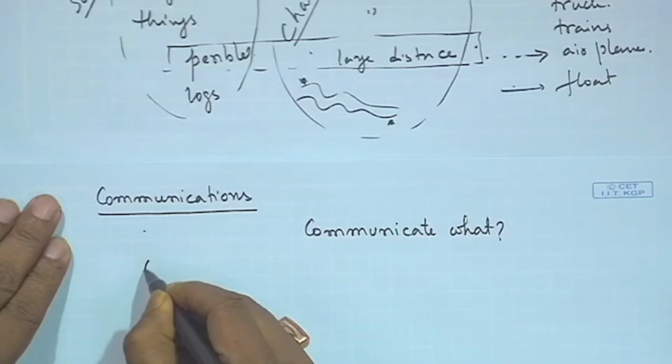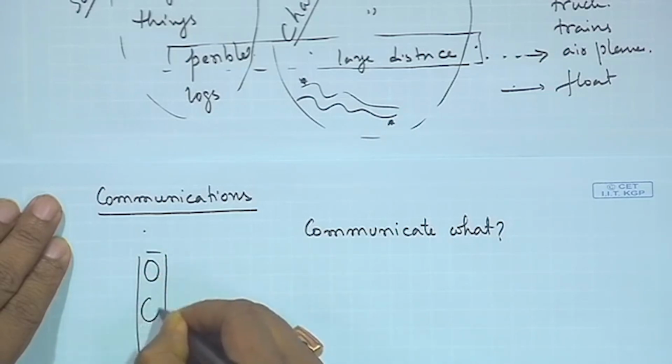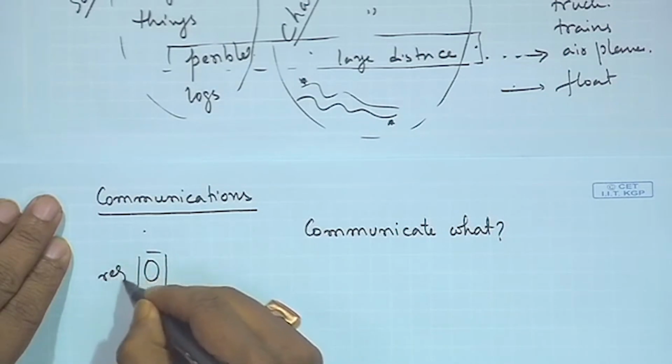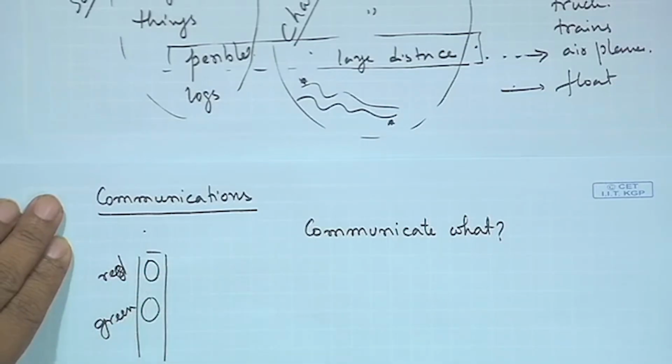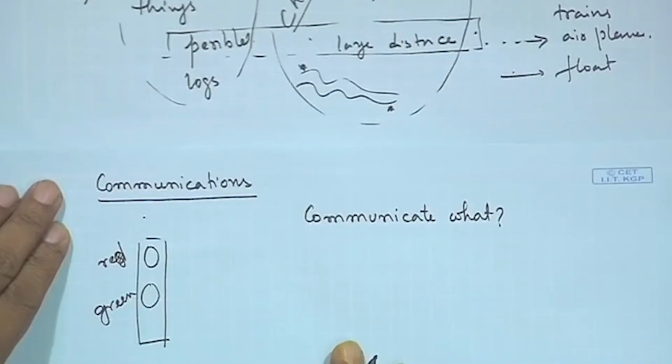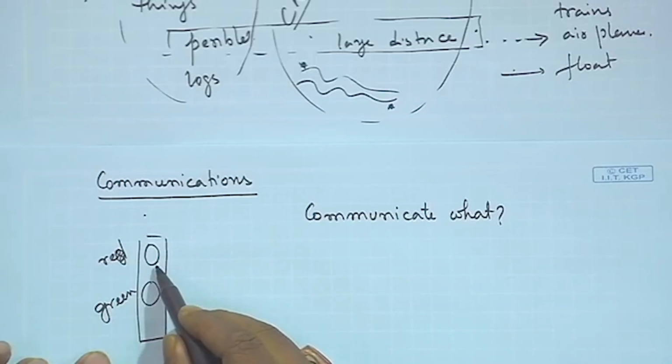For example, the light or the source that we are seeing from far changes between two colors, let us say red and green, right. Then it could make sense to send across to the other side what is the color of the source. What I am trying to hint at, and what we discussed earlier, is that there is a probability that we are measuring something.